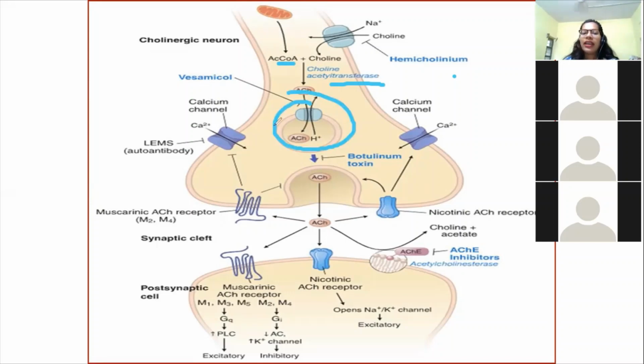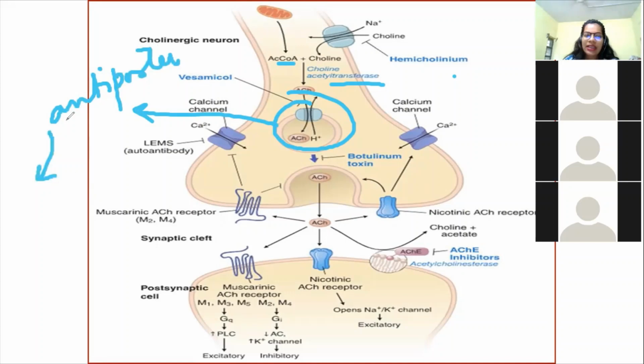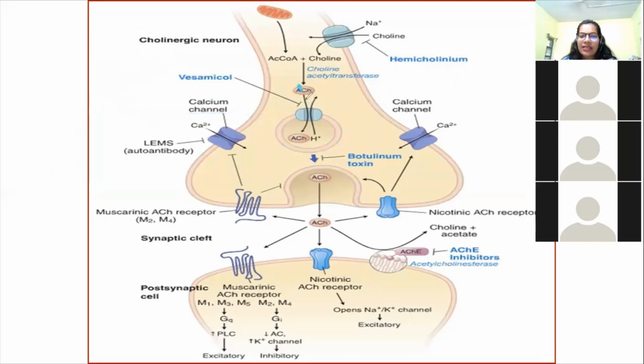It is again an antiporter. So remember what is antiporter? One goes inside, the other goes outside, right? You can see over here also that if acetylcholine is coming inside, your H plus is going outside. Okay, so this is how the vesicles of acetylcholine have been made.